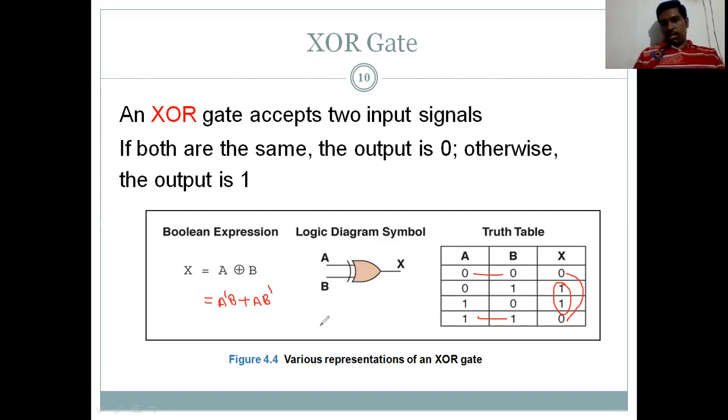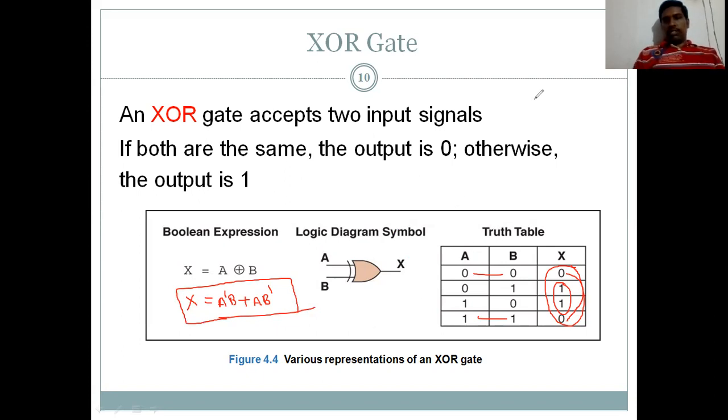That means unless you know this expression, you cannot fill up these values, right? Why? Because if you substitute these combinations in this expression, then only you will get the values of X. So please make a note of this. This is the original expression: X equal to A bar B plus A B bar.